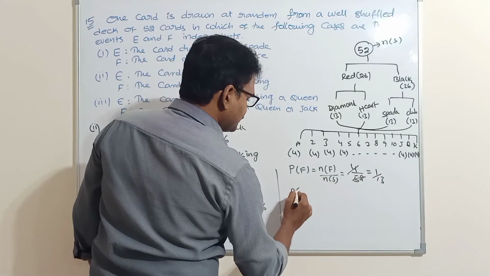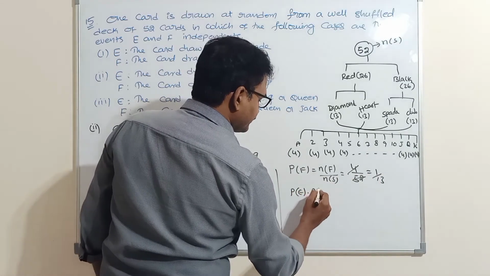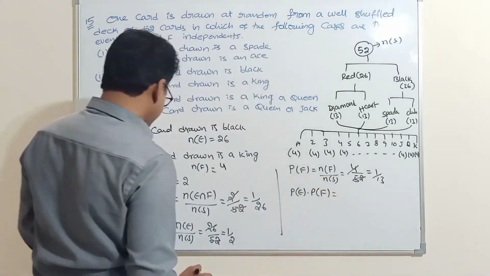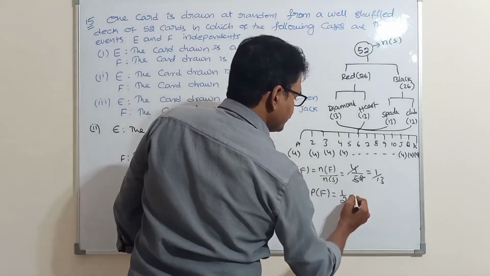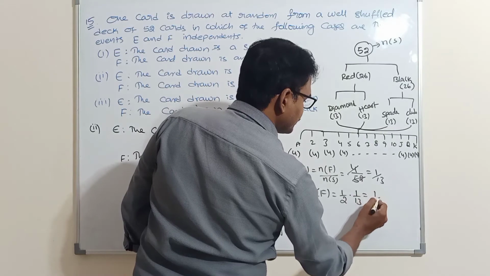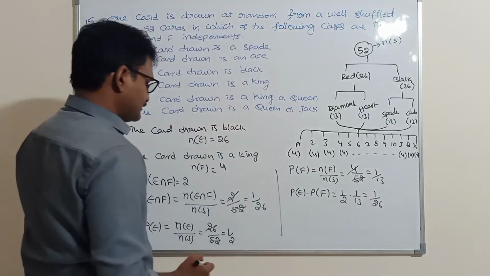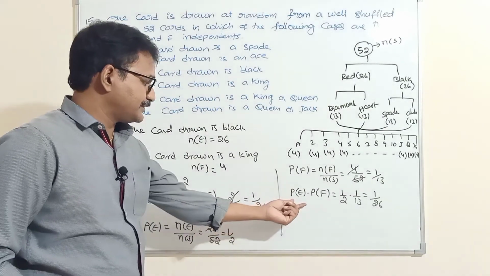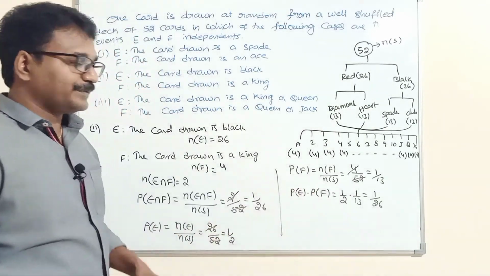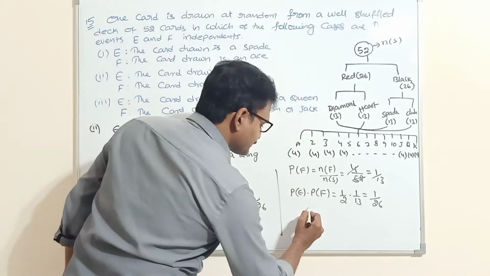Next, what is P of E into P of F? P of E is 1 by 2 into 1 by 13. That means 1 by 26. So P of E intersection F is 1 by 26. Similarly, P of E into P of F is also 1 by 26. Both are equal.